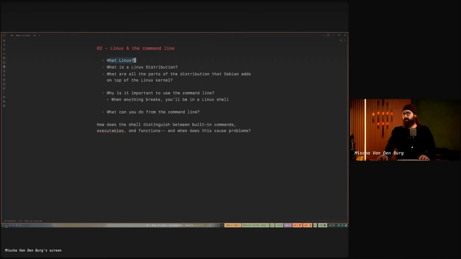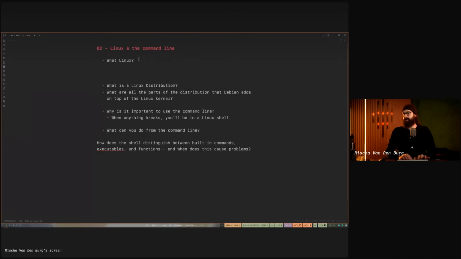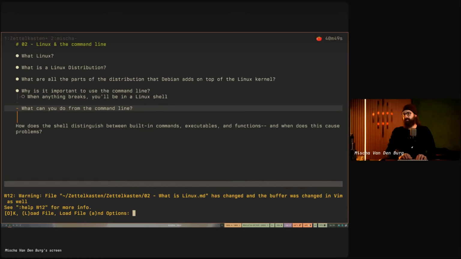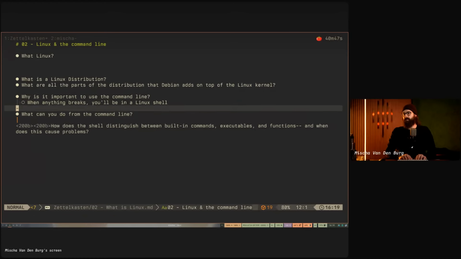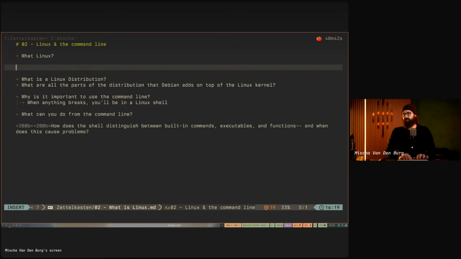Then what is Linux? Okay, so Linux is an operating system. That is the shortest answer to this question. Linux is an operating system created by Linus Torvalds in the 90s.